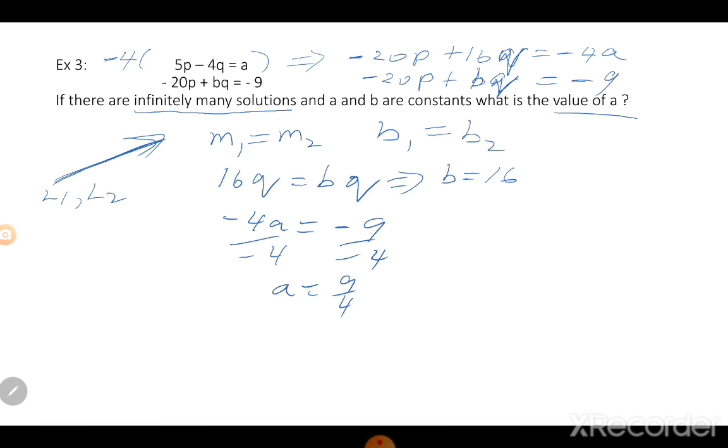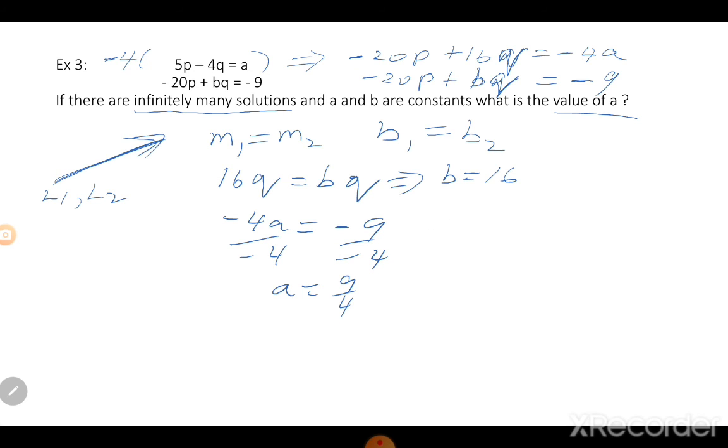A kind of longer way of doing this would be if I solve for q, take the first equation and solve for q, take the second equation and solve for q, and without showing the work, I'll show you that.